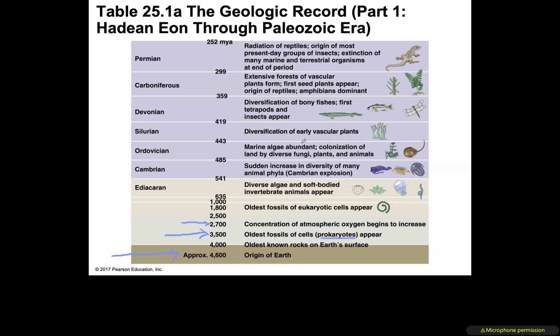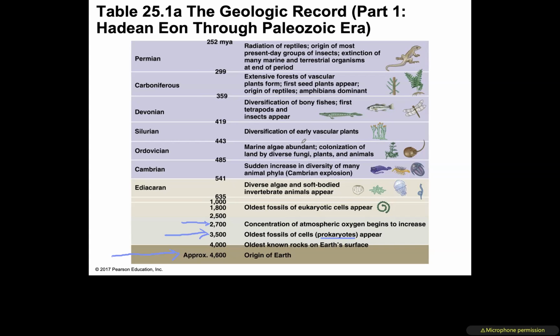So if you look at this, between 3.5 billion years and 2.7 billion years, prokaryotes lived in the absence of large amounts of oxygen. They were anaerobic. And then some of those organisms actually produced oxygen, just like your plants would produce oxygen. And they're the ones who made our oxygen-rich atmosphere that we can live in today.